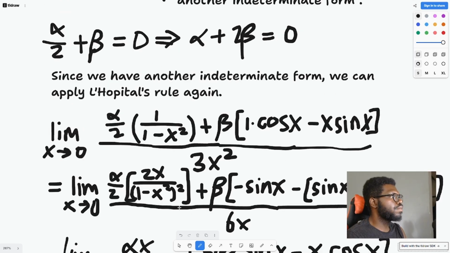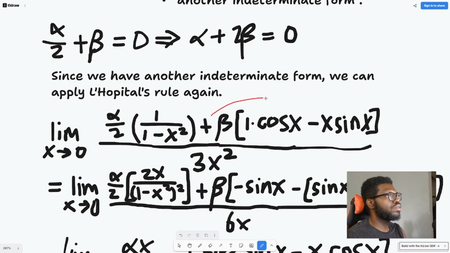All right, now that we've differentiated the first term in the numerator, we're going to differentiate this part of the numerator here, this beta times cos x minus x sine x. The derivative of cosine is negative sine, so we have negative sine x. And then to differentiate this x sine x, we're going to apply the product rule.